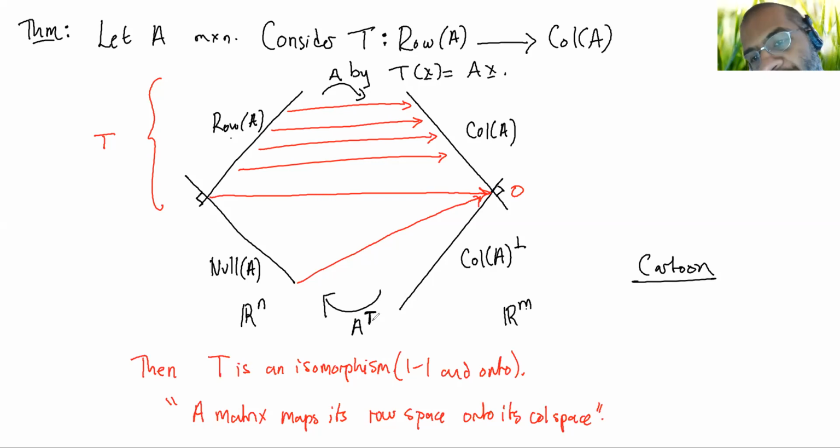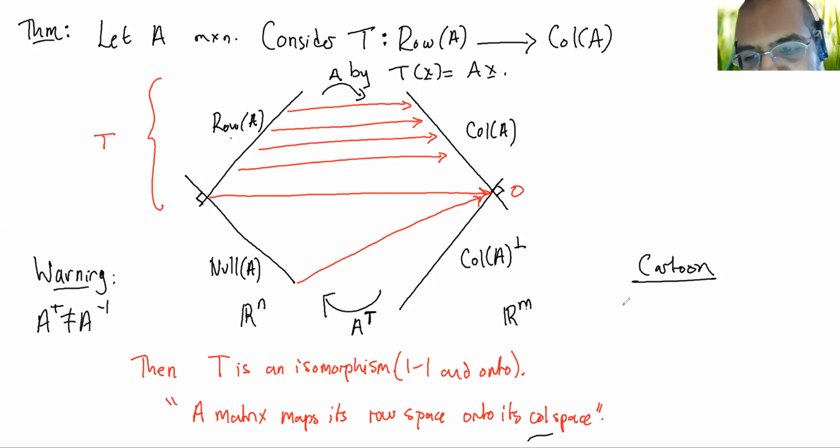So it also works in the other direction, because if you transpose, you're switching the role of row and column space. But this is a different linear transformation, and I should say A transpose is not the same thing as A inverse. But yeah, the theorem also holds for A transpose, because after all, the row space of A transpose is the column space of A.